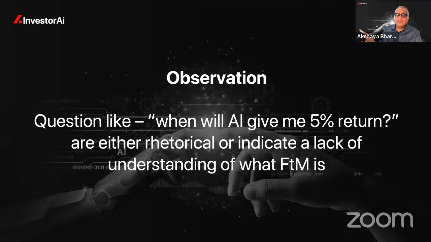I said, this is either a rhetorical question, and you're just making a point for the sake of making a point, in which case it doesn't deserve any response, or it indicates a lack of understanding of what FTM is. FTM is the machine. If you don't trust the machine, don't come into FTM. I'm very categorical here. But if you come in, then trust the machine. Let it happen. Give it time. And of course, you're free to exit at any time. No one is stopping you.